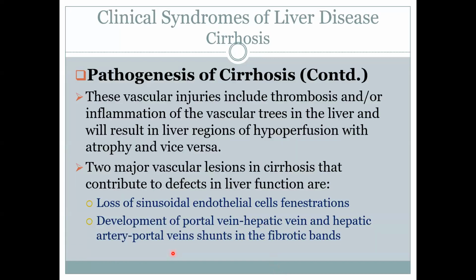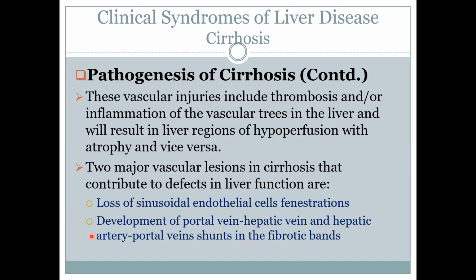The first one is the loss of sinusoidal endothelial cell fenestration, which will ensure that the liver cells cannot reach out into the sinusoidal space and get their oxygen, their supplies, their nutrients from it. And also, very importantly, the development of portal vein, hepatic vein, and hepatic artery arterial-venous shunts in the fibrotic strands of the cirrhosis.